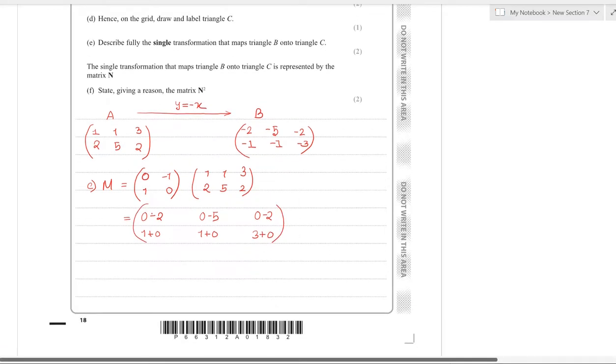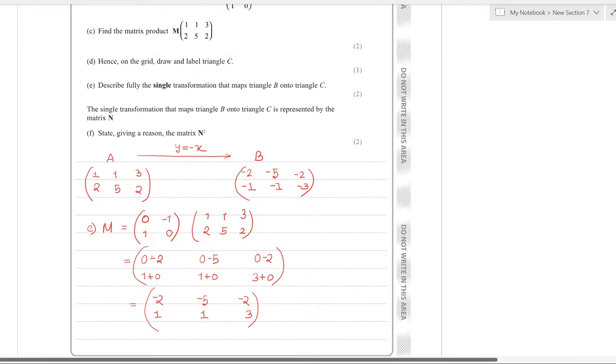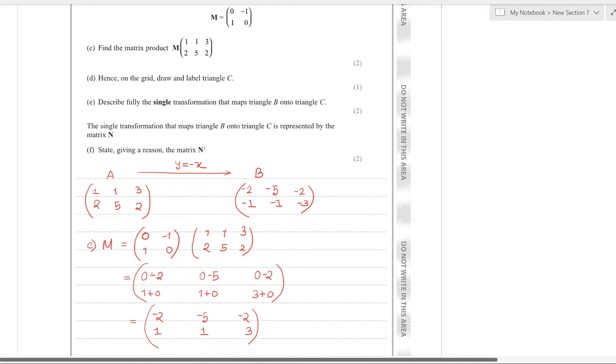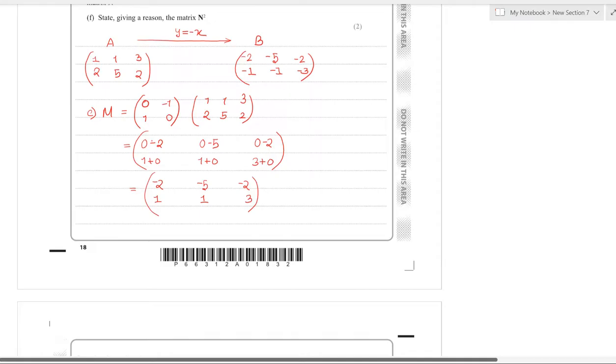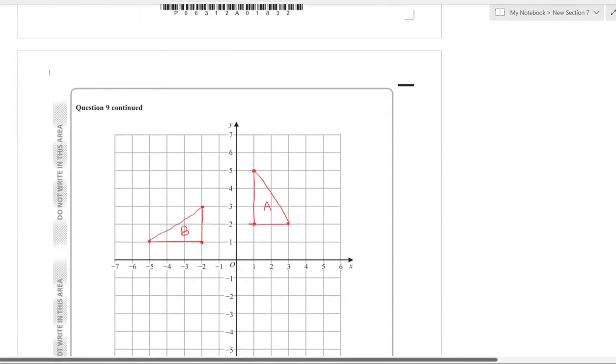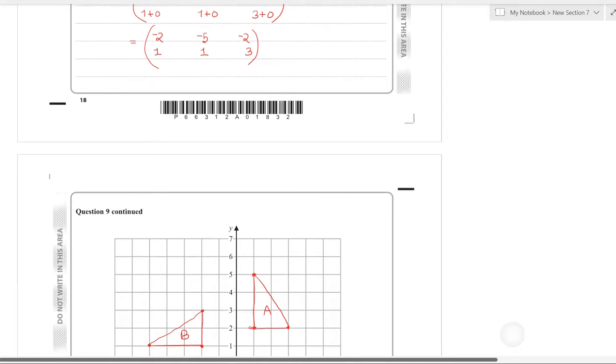If you simplify it, you get minus 2, minus 5, minus 2, and 1, 1, 3. So these are the coordinates for triangle C. And in part D, you need to draw triangle C on the graph. So the coordinates of triangle C are (-2, 1), (-5, 1) and (-2, 3).